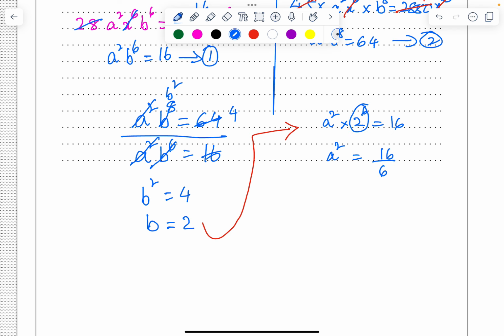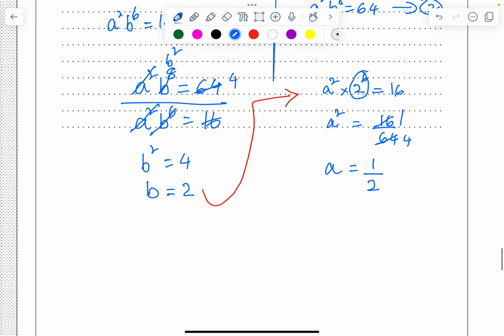So 16 over 64 is 1 over 4. The square root of 1 over 4 can be plus or minus 1 over 2. But again, a must be greater than 0. So I will take only a equal to 1 over 2.